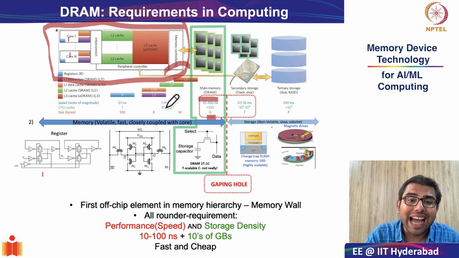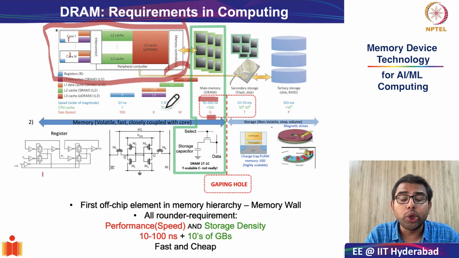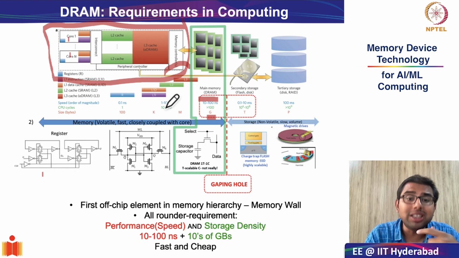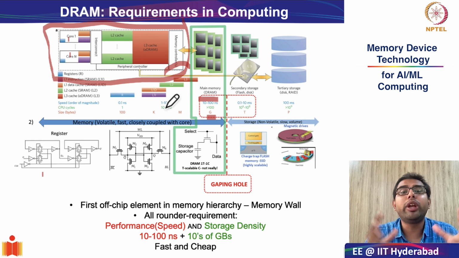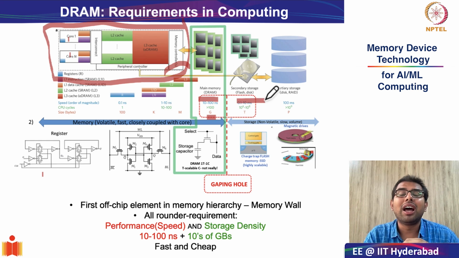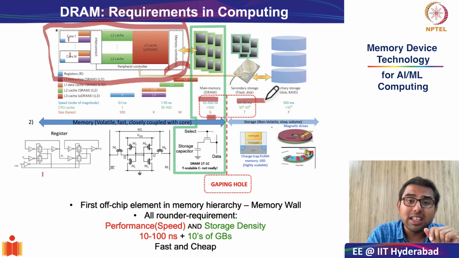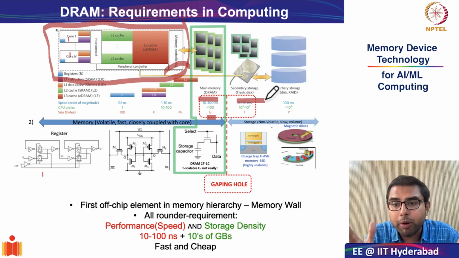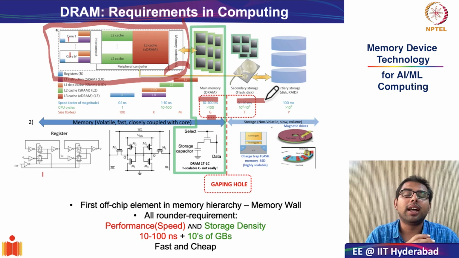So compared to cache, as I just discussed, you would want the latency to be compromised a bit, but you need to have much higher capacity. But when you compare with your main storage, you would expect that the latencies are much smaller than main storage, but you can compromise on the bit density or the storage capacity.